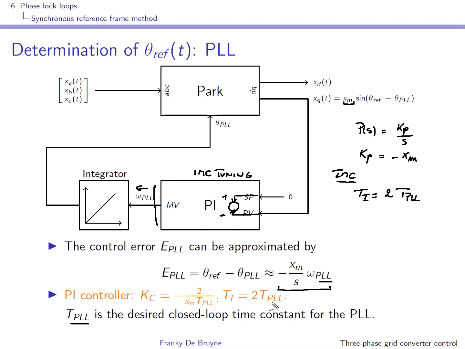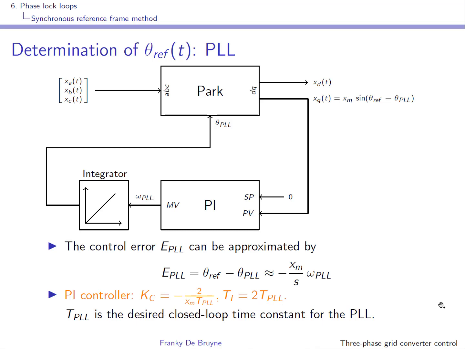So this is indeed what you see over here, and you have that Kc is equal to 2 over Kp times TPLL. If you inject this in here, you indeed obtain the gain of your controller.